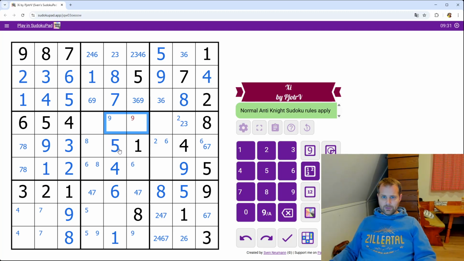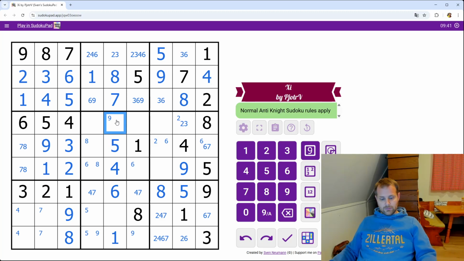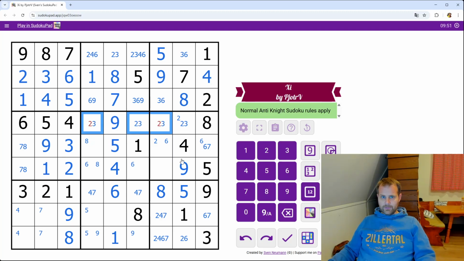That's interesting, because this 9 looks at this one and this at this one and this at this one. But also this 9 looks at this one, so the 9 can only go there in this box. And now what do we have left here is 2, 3, 1 and 7.